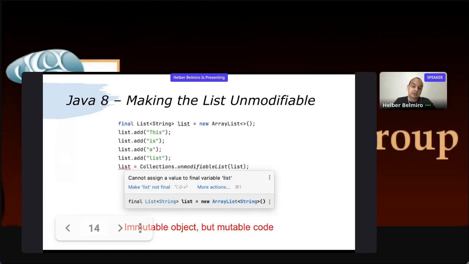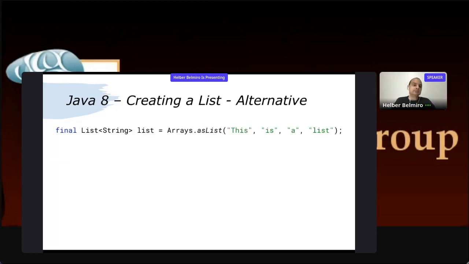Our variable cannot be final anymore. So we have to remove the final modifier, and now we have an immutable object, but now we have mutable code. So we are exchanging one problem for another one. So it doesn't solve our problem very well.